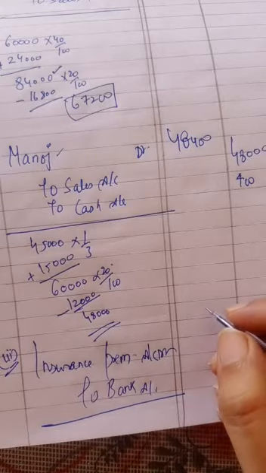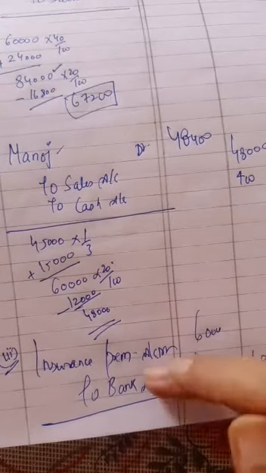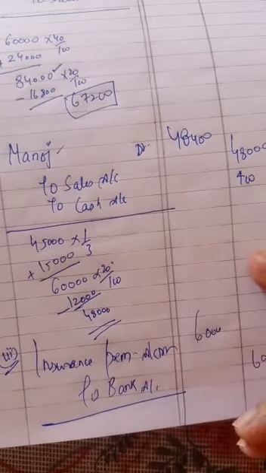We have paid 6,000, but we have paid from 1st July to 1st July of next year, and the financial year is closing on 31st March. From 1st July to 31st March.